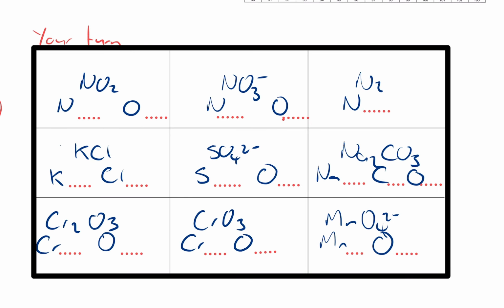So, again, oxygen is pretty reliable. So we can really think about that. We've got 2 lots of minus 2. The whole thing equals 0. So nitrogen here is going to be plus 4, oxygen minus 2.